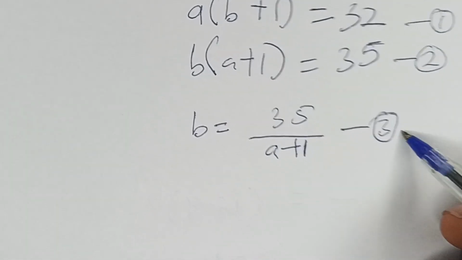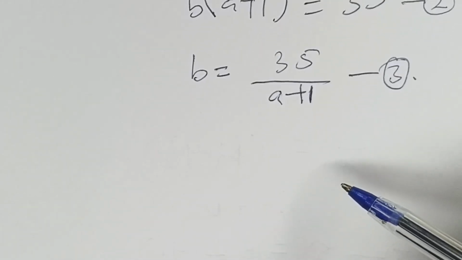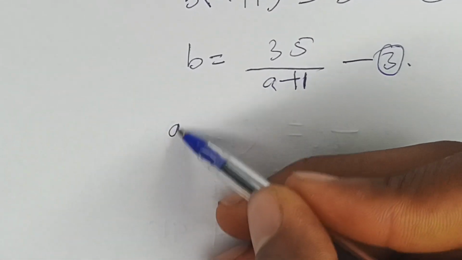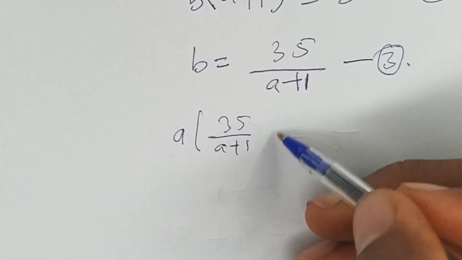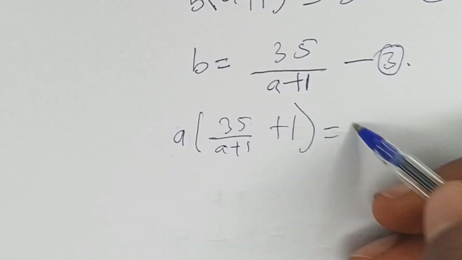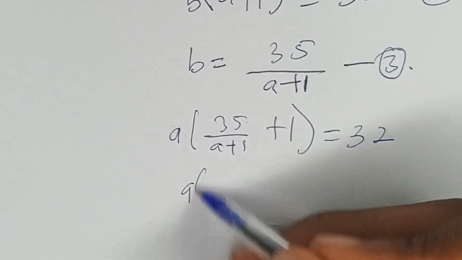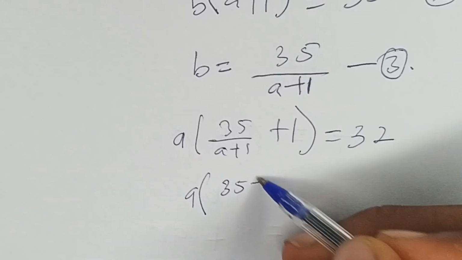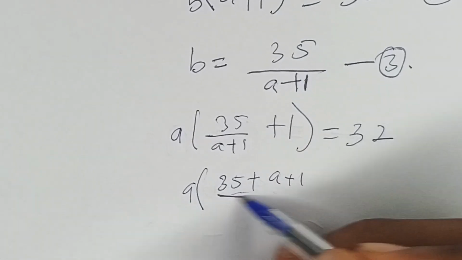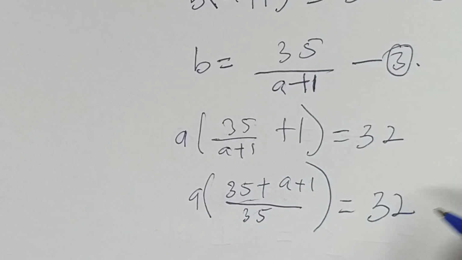Now let's substitute equation 3 into equation 1 for B. So we're going to have A into 35 all over A plus 1 is equal to 32. Now from here, A plus 1 times 35 over A plus 1 gives 35.